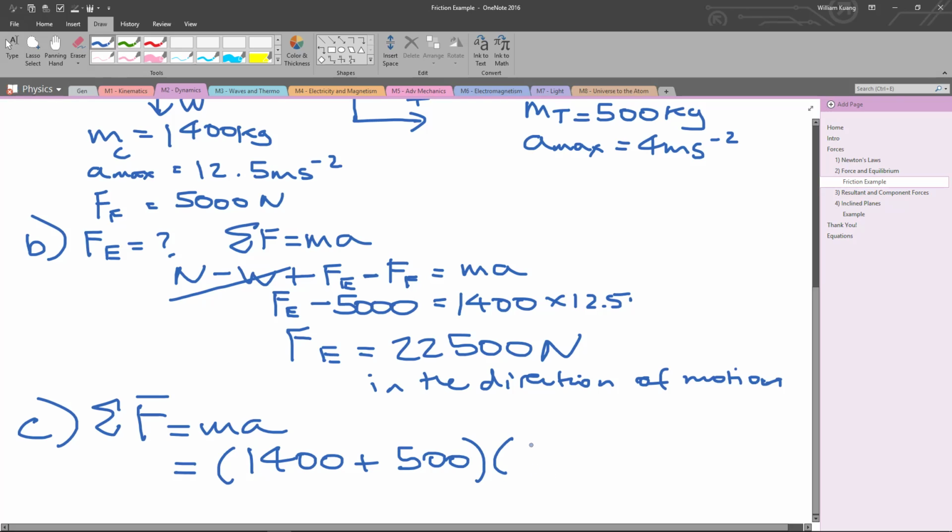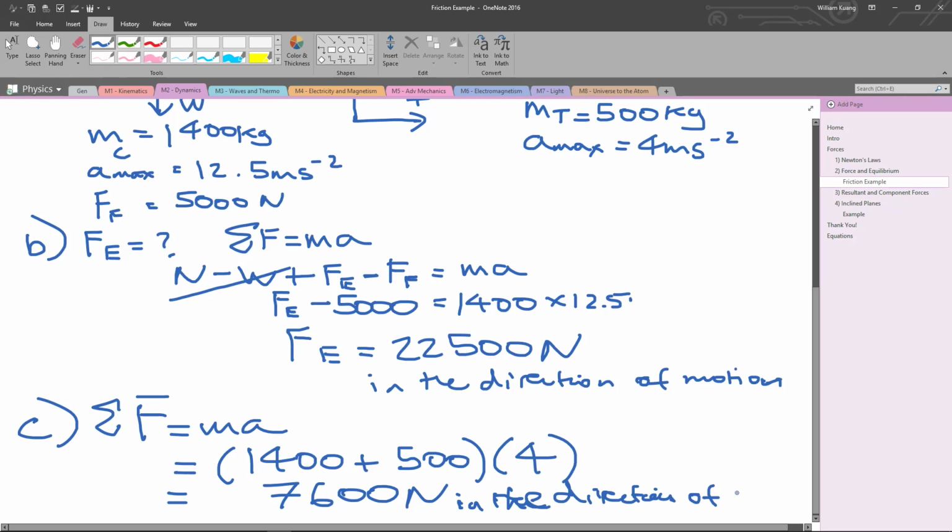And we're told that the max acceleration now is only 4. So 1400 plus 500 gives us 1900. Then 1900 times 4 gives us 7600 newtons. And of course, again, in the direction of motion.